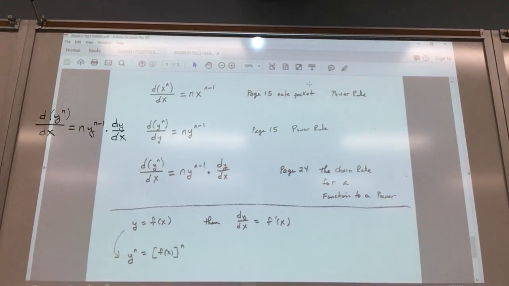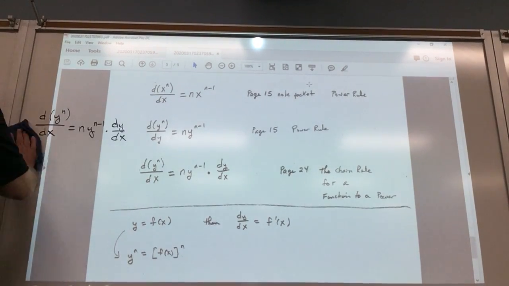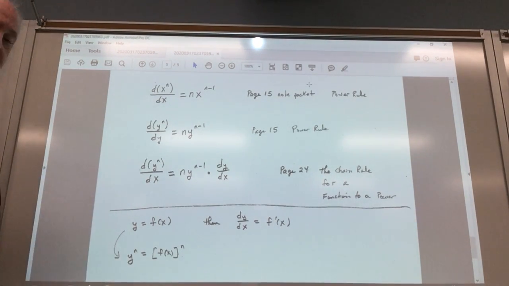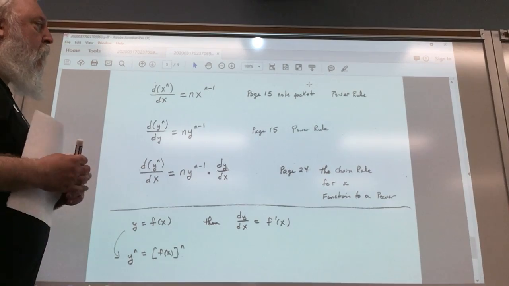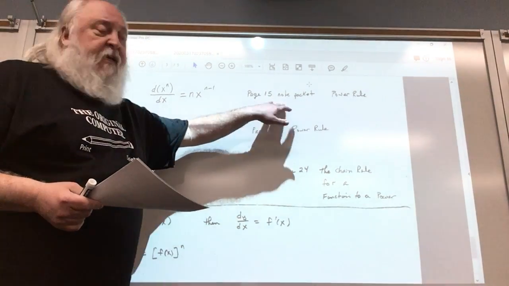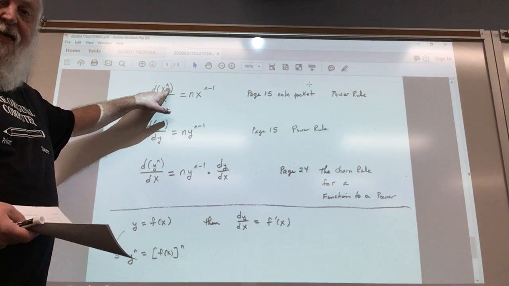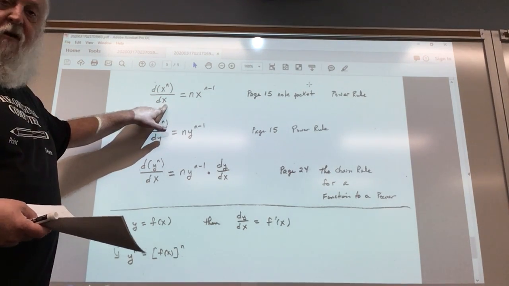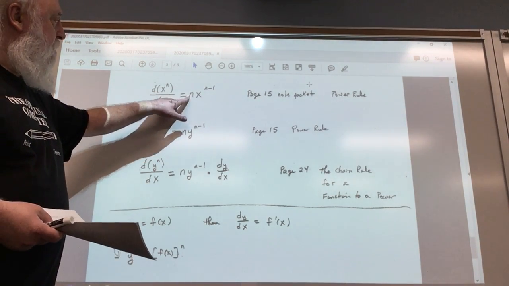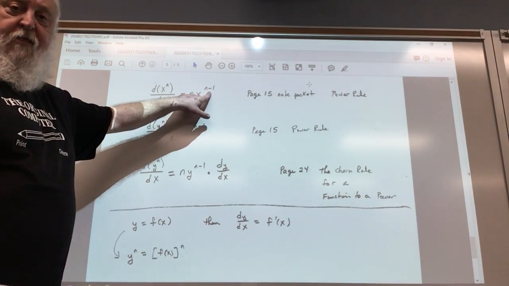Back when we were studying the basic rules of differentiation, we learned the power rule on page 15 of your note packet. The derivative of x to the n with respect to the variable x is equal to n times x to the n minus 1 power.